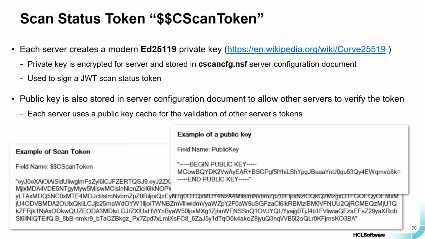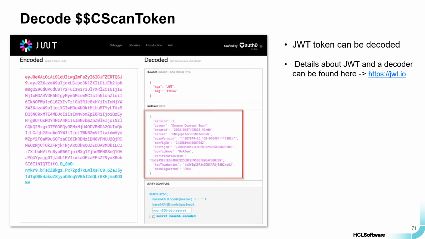As you can see here, it looks like a JWT. It is a JWT, and it's using a modern ED key. And when you take that field and you put it into the parser on the JWT website, you actually see the content of this token.